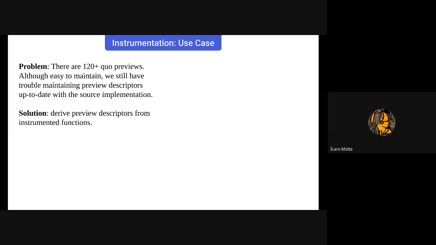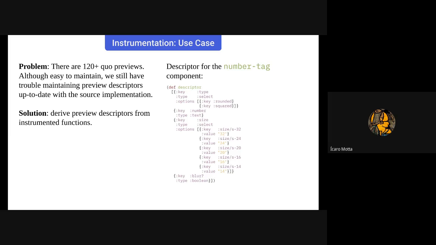It sounds like magic, but it's really not. We just have to transform the data structure from the schema to the vector of input fields, the descriptor we call. So for the number tag, this is the descriptor written manually, and our goal is to generate this data automatically.